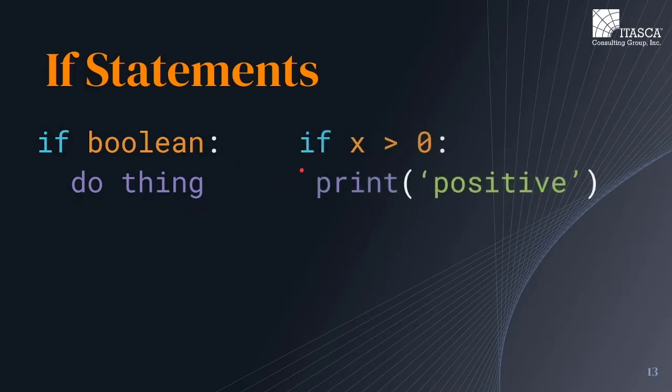So, for example, you might have if x is greater than 0, and then on the following line, you can have print positive. Now, one important thing to note within Python is that whereas other programming languages use curly brackets or other syntactical measures to separate your code, Python uses indentation.